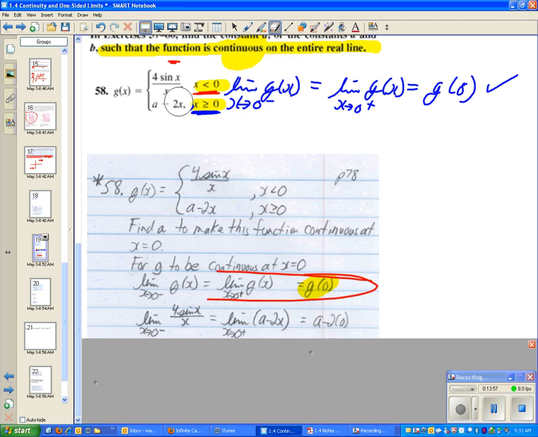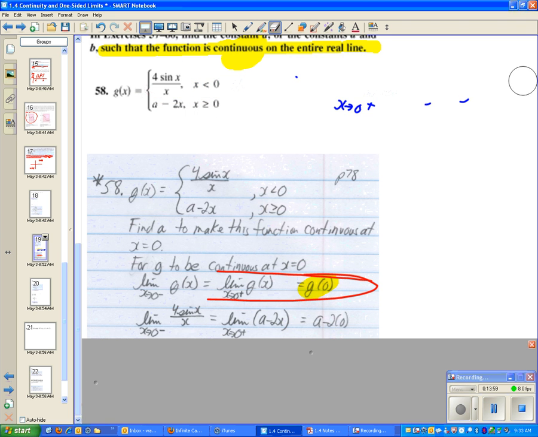Now, g of 0, which definition do I have to use? The bottom one, because it's got the greater than or equal to. So g of 0 is a minus 2 times 0, right? A minus 2x, replace the x. Everybody with me to the little blue check mark?